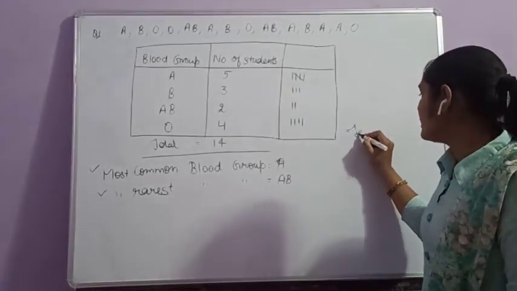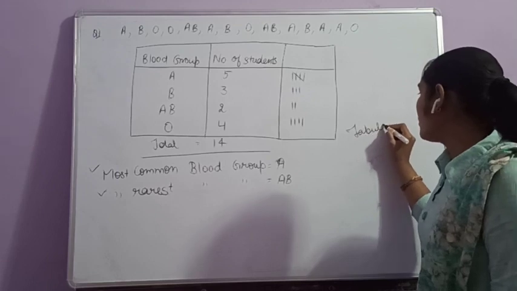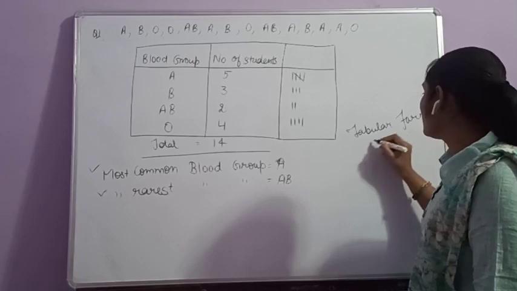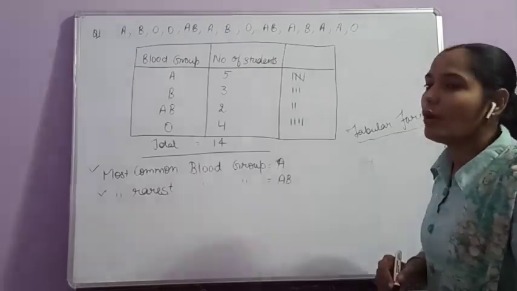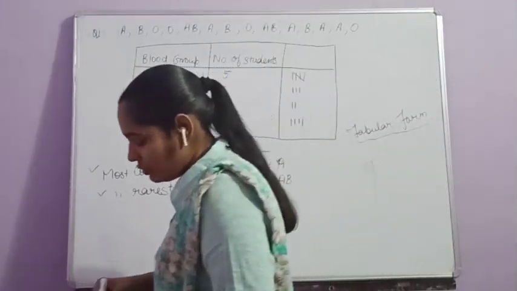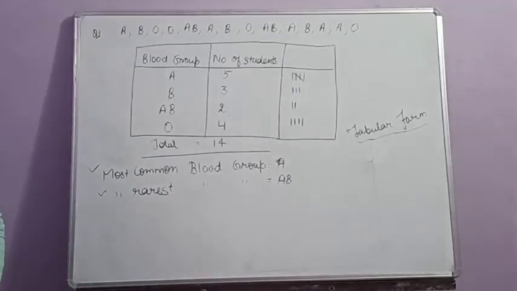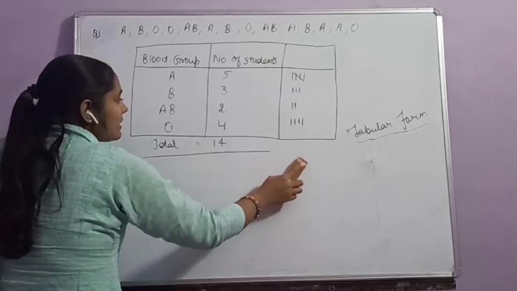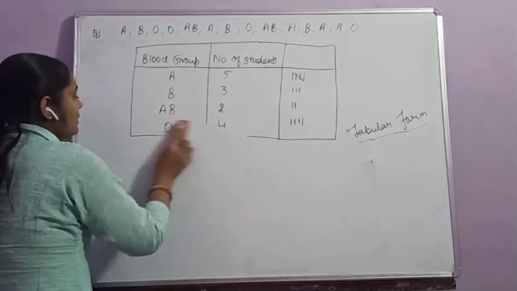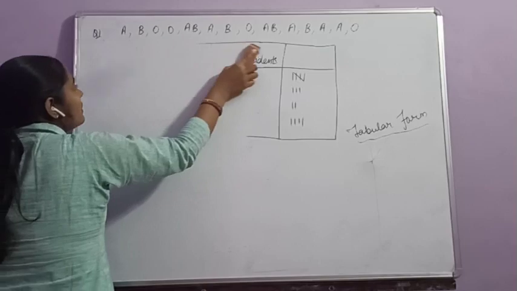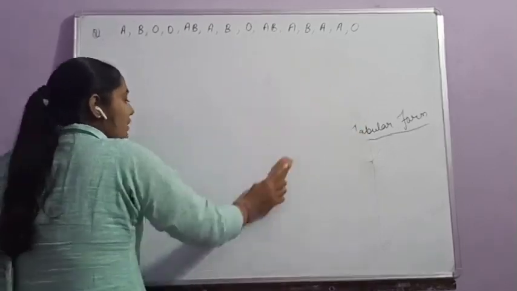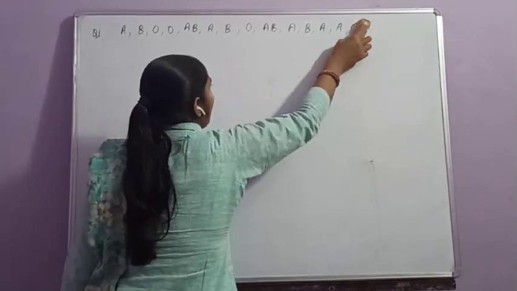And that is known as tabular form. That is the tabular form of the frequency distribution table. Clear? Otherwise it is known simply as a frequency distribution table.